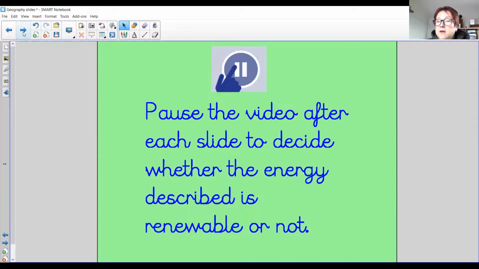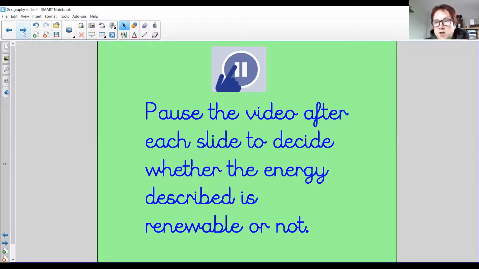So the next little bit, I want you to get a scrap piece of paper maybe, and after each slide, I want you to pause it and write renewable or non-renewable next to each of the words. They describe whether the energy is renewable or isn't renewable.